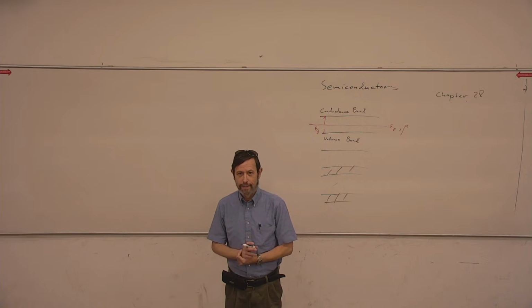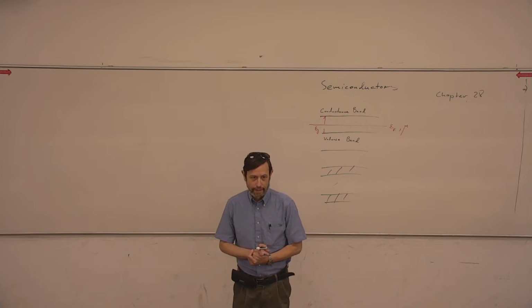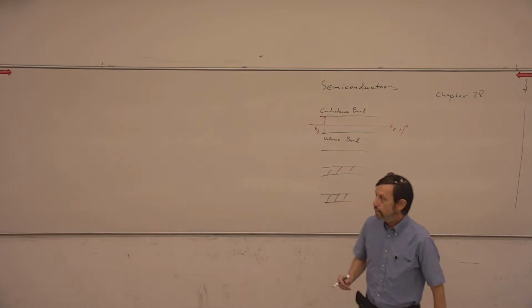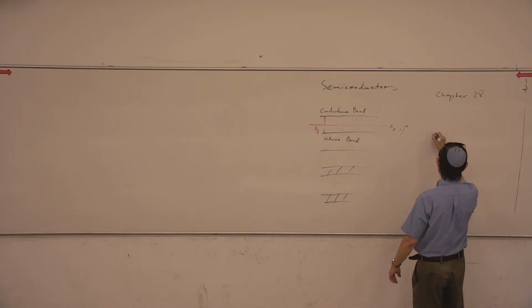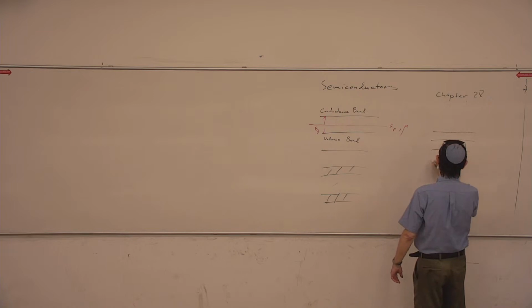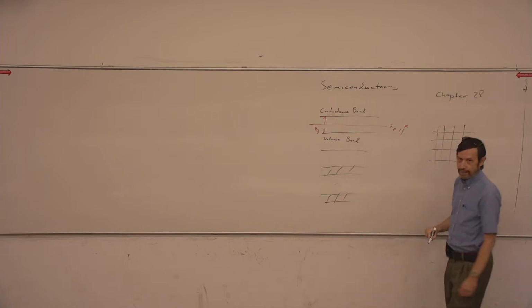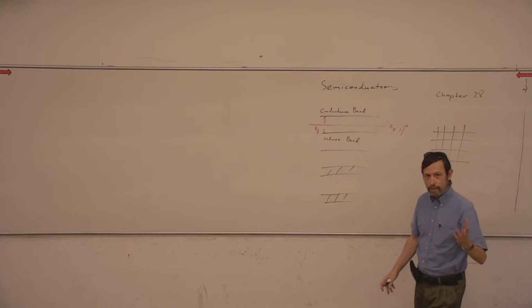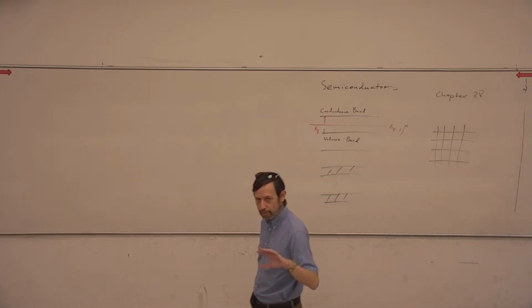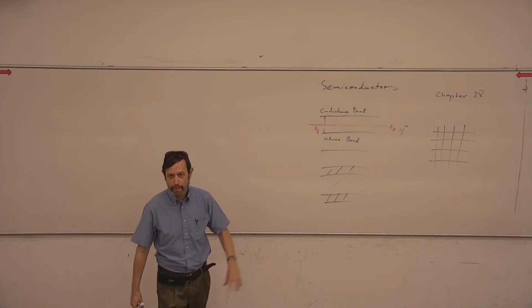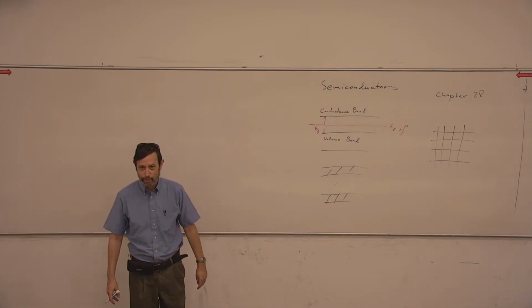What is the difference between impurities and defects? Okay, a very good question. Let's just draw a caricature of a lattice. Semiconductors are usually FCC or BCC, not simple cubic, but that's what I know to draw.